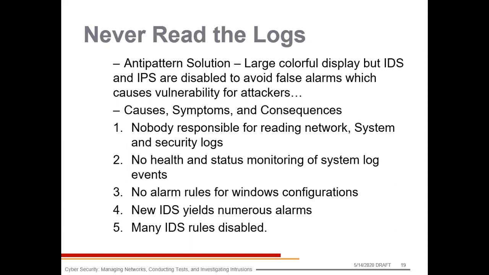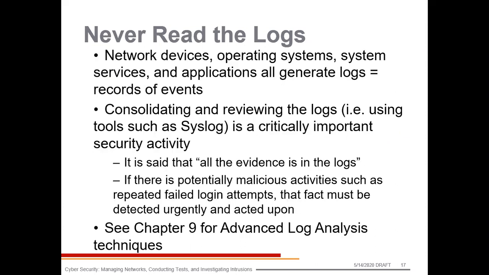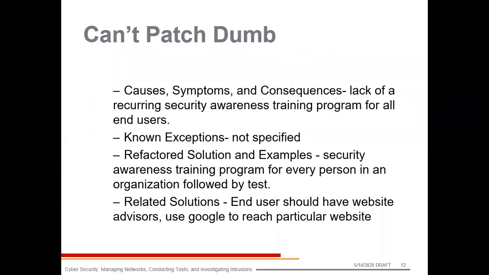So to summarize today's class, we discussed three anti-patterns. One is "can't patch dumb." That means people are very difficult to handle. They are clicking on unwanted emails. They are doing many silly things which cause threat to the system. So what is the solution for that?